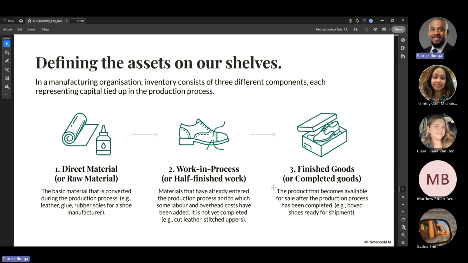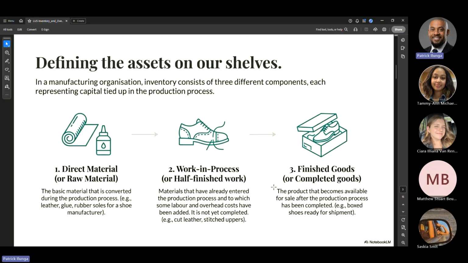That's slightly different from a manufacturing organization, right? So when you're looking at inventory in a manufacturing organization, you will see the direct material or the raw material, which is the basic material that is being converted during the production process, right?